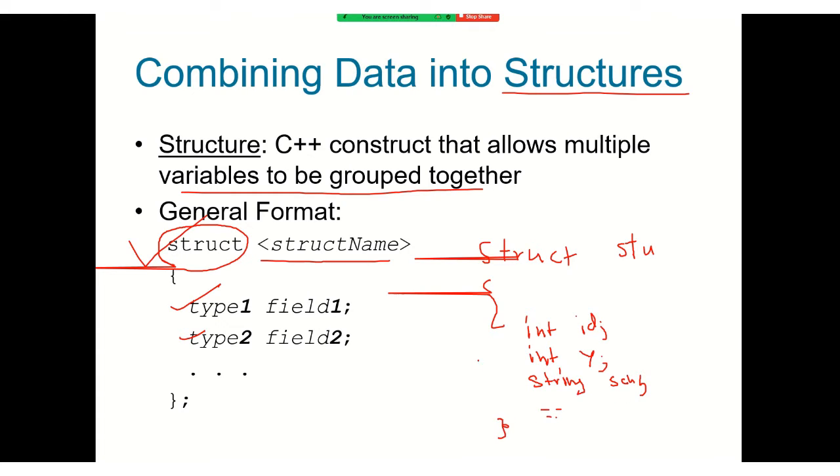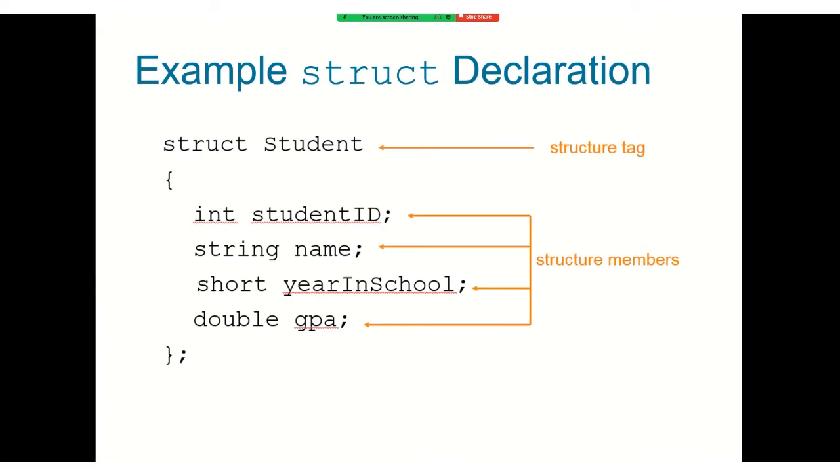And at the end of the curly brace, you put a semicolon. That's how you define a structure. That is the keyword. You cannot define a variable named struct in C++ because it's a reserved keyword. So struct is a special keyword that allows you to create a structure. Okay, so that's how we build the structure.